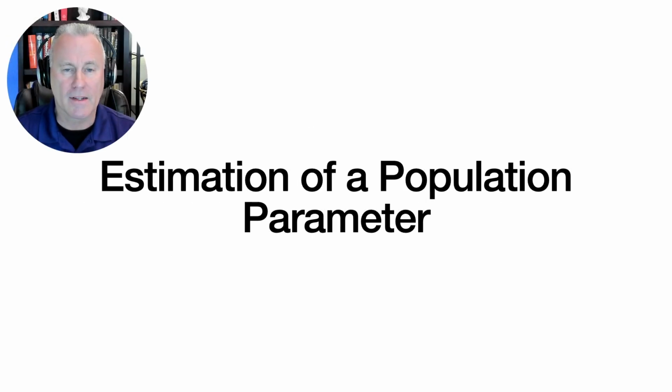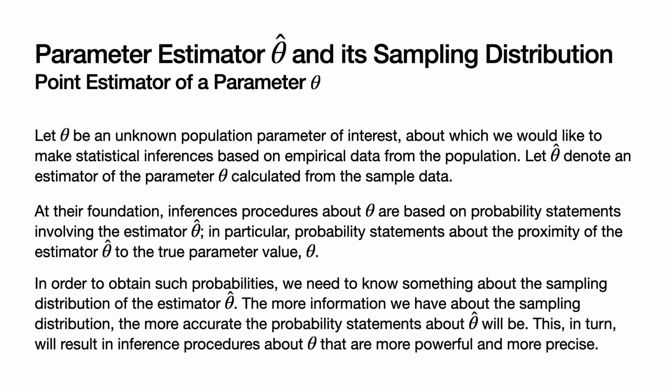So let's look at the process of estimating a population parameter. Let theta be an unknown population parameter of interest, about which we would like to make statistical inferences based on empirical data from the population.